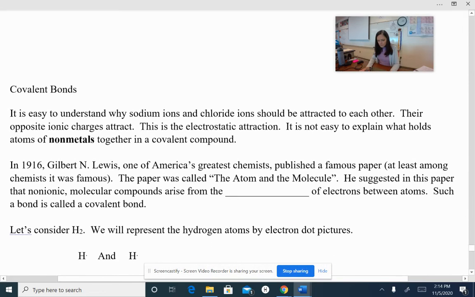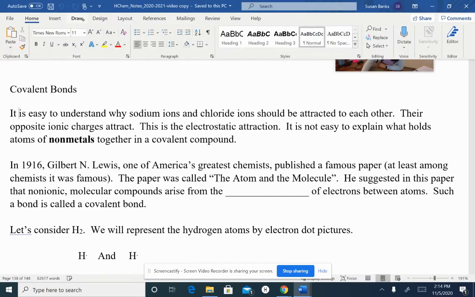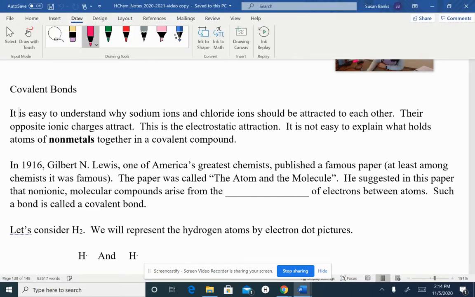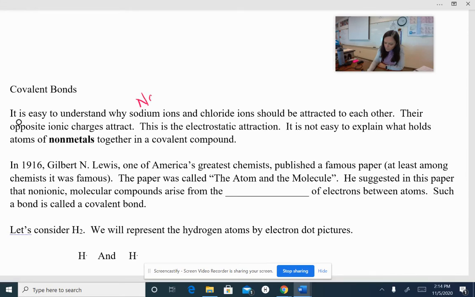So, covalent bonds. It's easy to understand why sodium ions and chloride ions should be attracted to each other. Sodium is in that very first column, so it is a positive 1 charge. And chloride is a halogen, so it is in the negative 1 charge column. And we know positives and negatives attract.